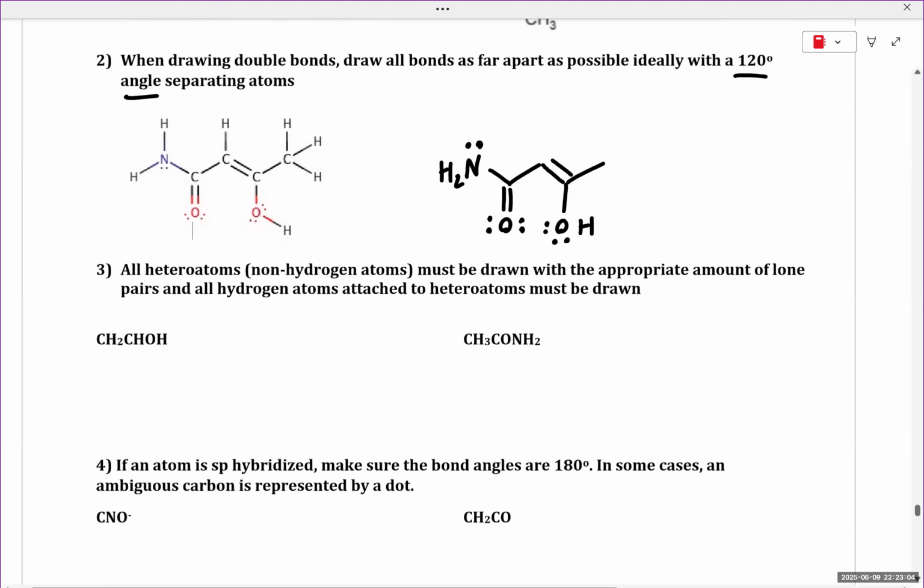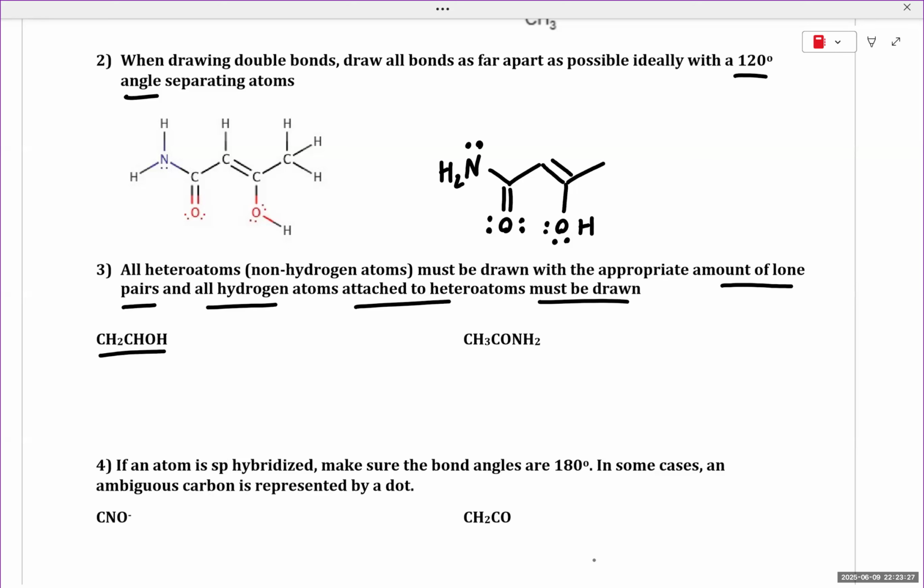Finally, all heteroatoms must be drawn with the appropriate amount of lone pairs, and all hydrogen atoms attached to heteroatoms must be drawn. So for example, in CH2CHOH, in this case, we have implied a functional group.